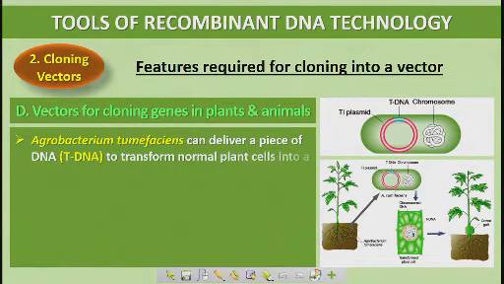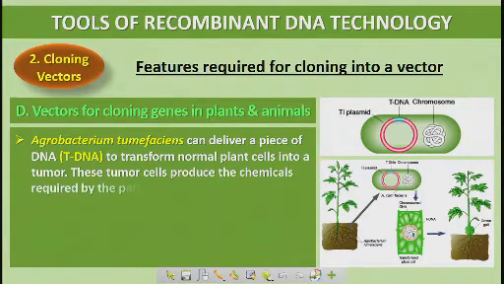Agrobacterium tumefaciens can deliver a piece of DNA, that is transformed DNA, to transform normal plant cells into a tumor. These tumor cells produce the chemicals required by pathogens.